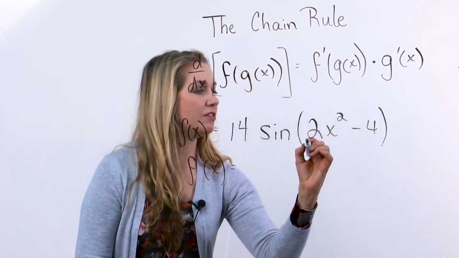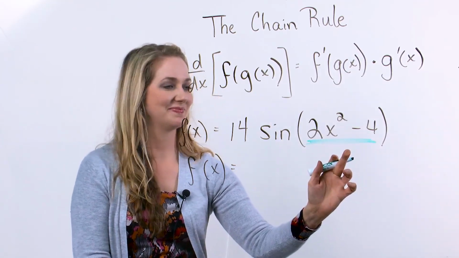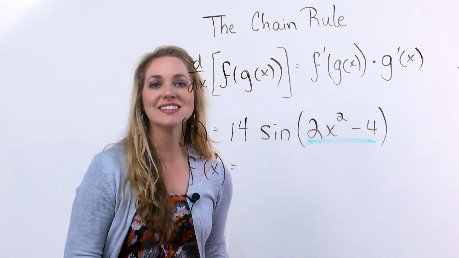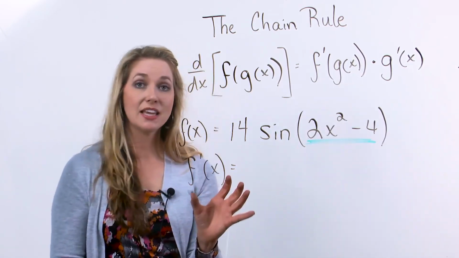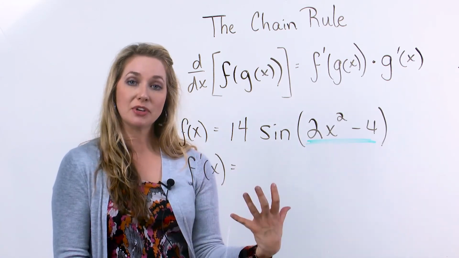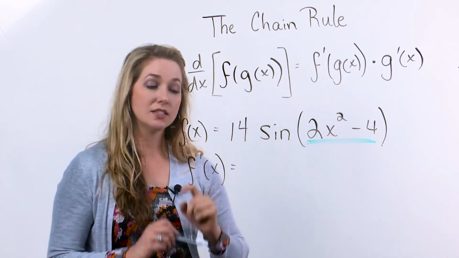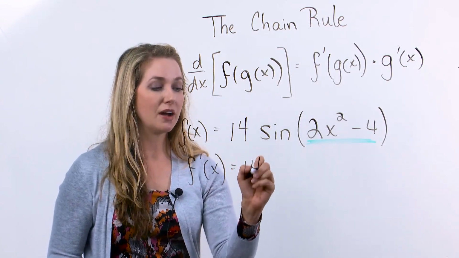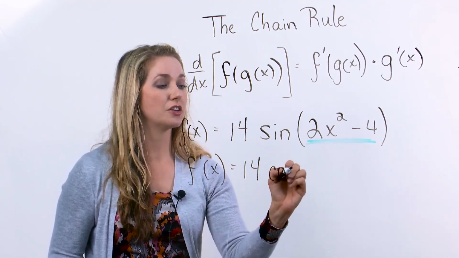Here, the embedded function is the 2x squared minus 4. The outermost function is the sine function. Therefore, when I begin taking the derivative, the first thing I'm going to take the derivative of is my sine function. Since I have a constant multiplier, it becomes part of my derivative, and the derivative of the sine function is the cosine function.